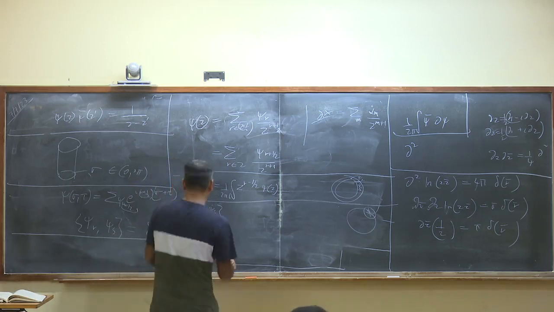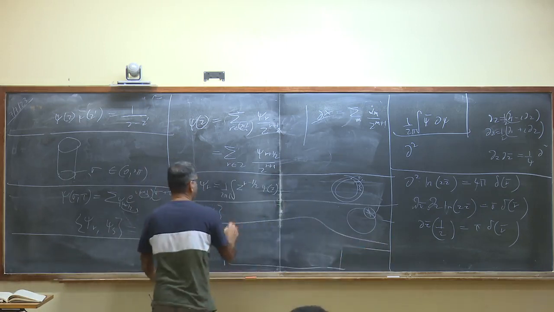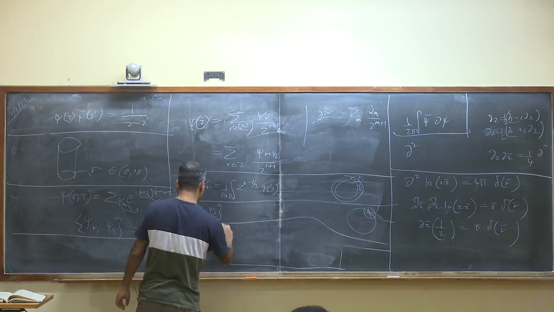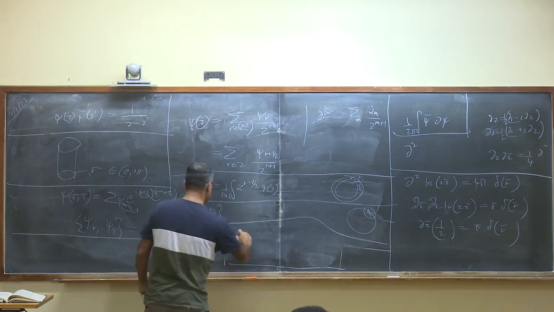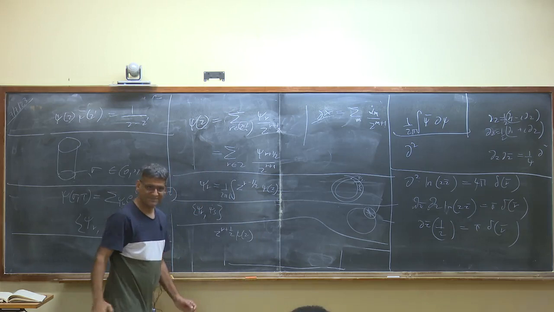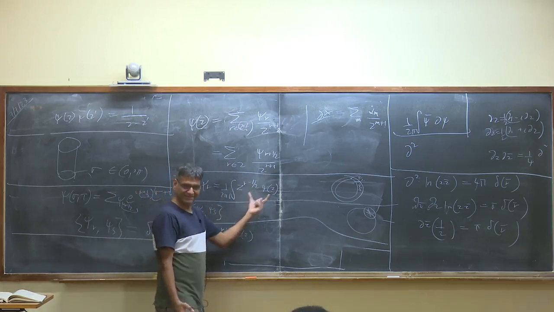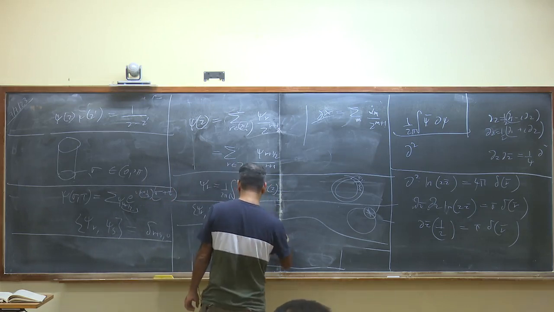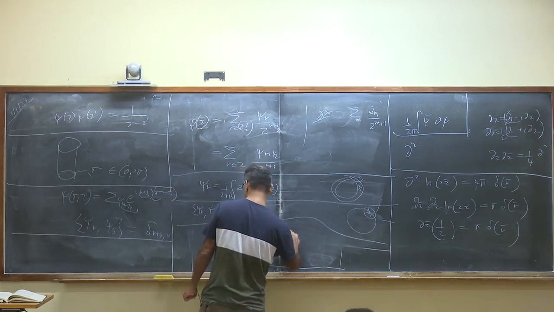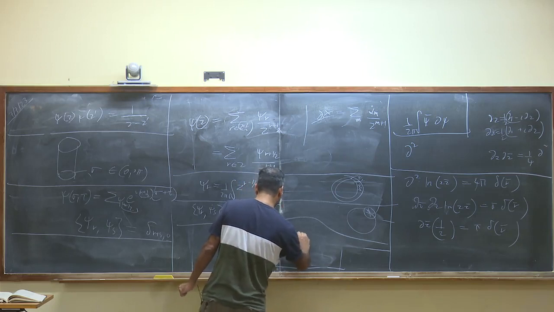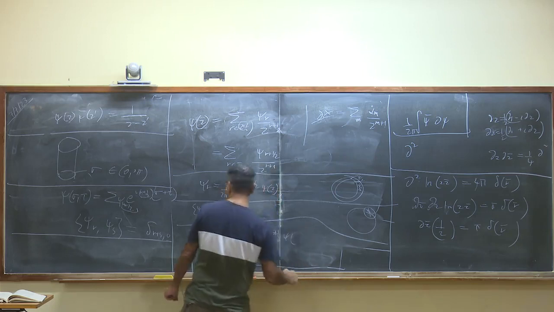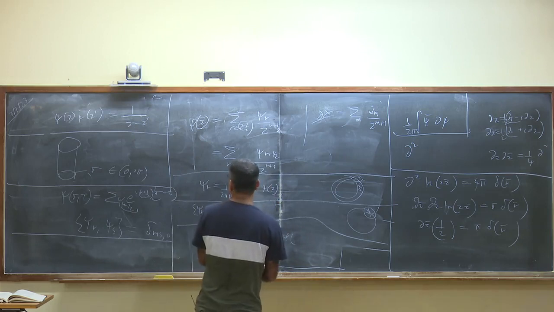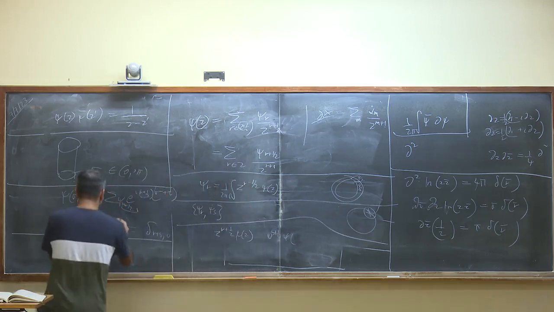So let's work it out. We have psi r is z to the power r plus half, psi of z. This is what's being integrated. And then psi s is, let's say, w to the power s plus half, psi of w. And here, one of these would have been a psi bar.